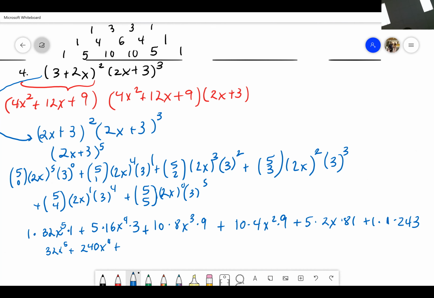Plus 10 times 8 is 80 times 9, which is 720x to the 3rd. Plus 10 times 4 is 40 times 9 is 360. And then you have 5 times 2 is 10, 10 times 81 is 810. Plus, and that's it, 243, we're good.